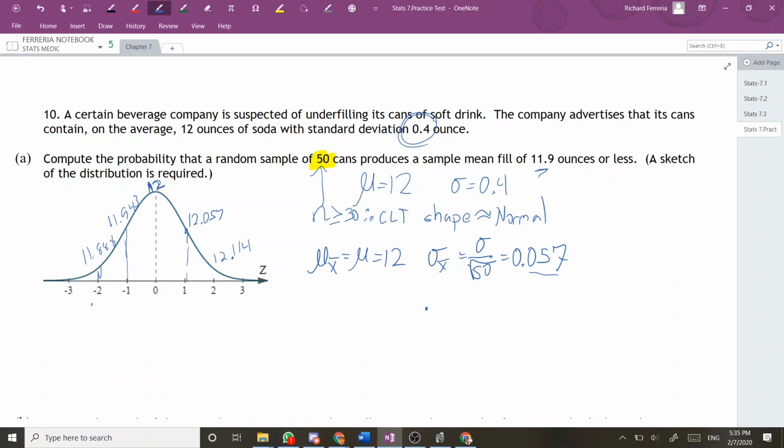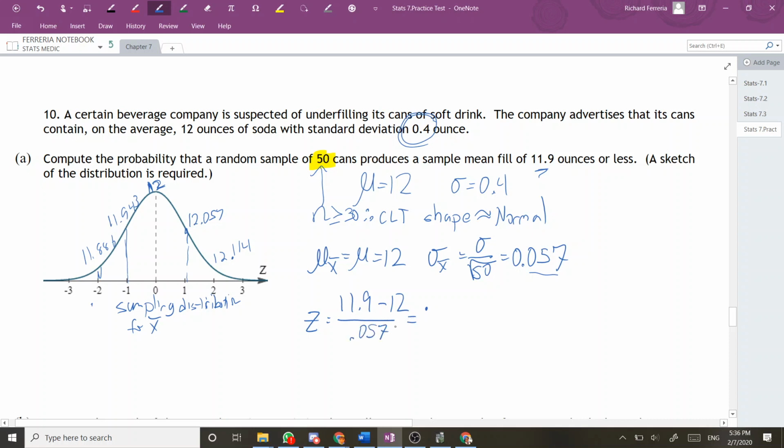This is a sampling distribution for X bar. The first thing we're going to need to do is get a z-score. So the z-score is going to be equal to 11.9 minus 12, the whole thing divided by 0.057.